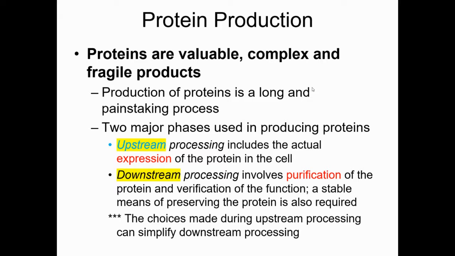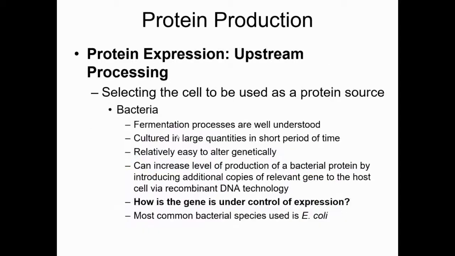The upstream processing, basically the actual expression of the protein in the cell, okay? And the downstream processing, that's basically the purification of protein and the verification of the protein function. Okay, so those are the two different phases of the protein production.